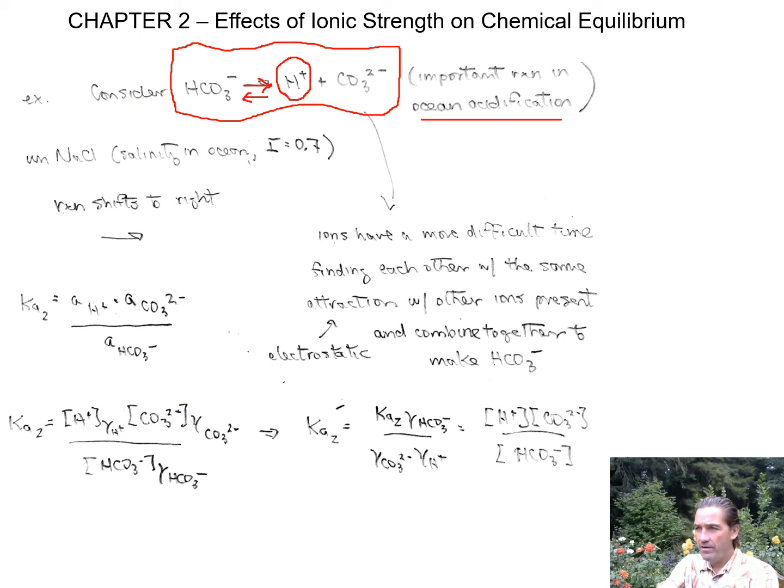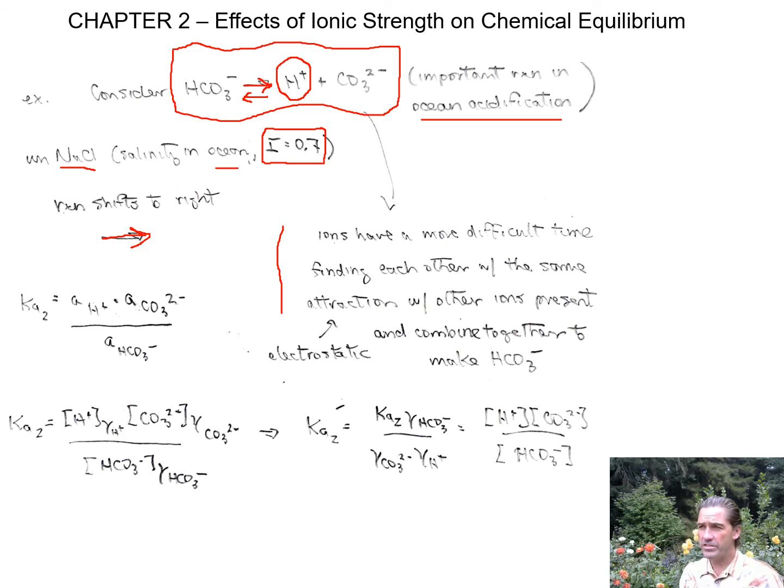However, in sodium chloride solution, or say in the ocean, the ionic strength in the ocean is 0.7. It's very, very salty, lots of ions in solution. What we'll find is that this reaction shifts to the right. And again, this is my second attempt to convince you that this happens.